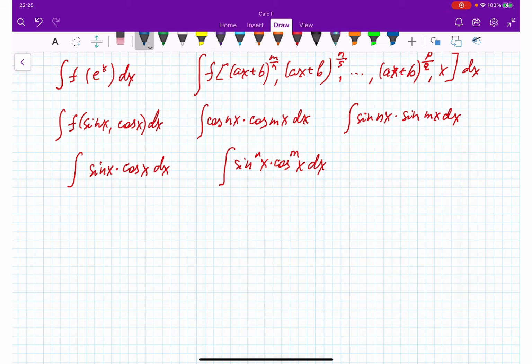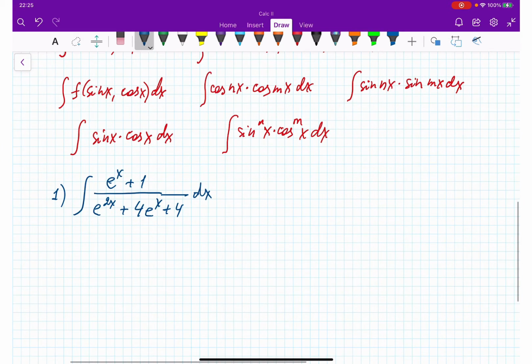Let's assume we have the integral, problem number 1, e to power x plus 1, over e to power 2x plus 4 e to power x plus 4 dx.